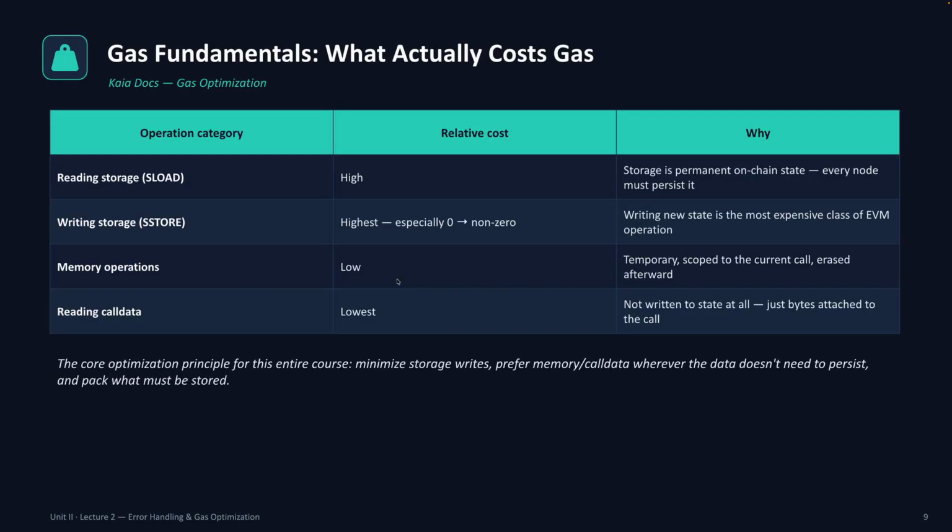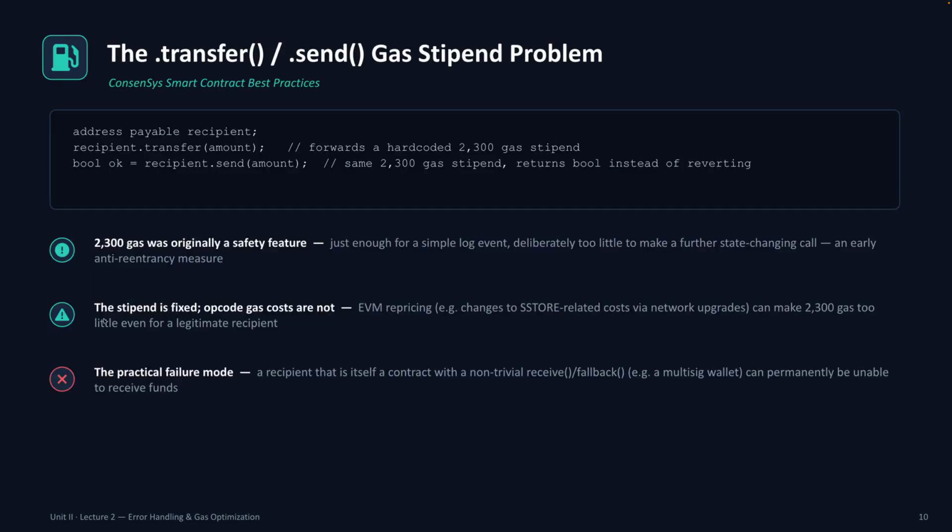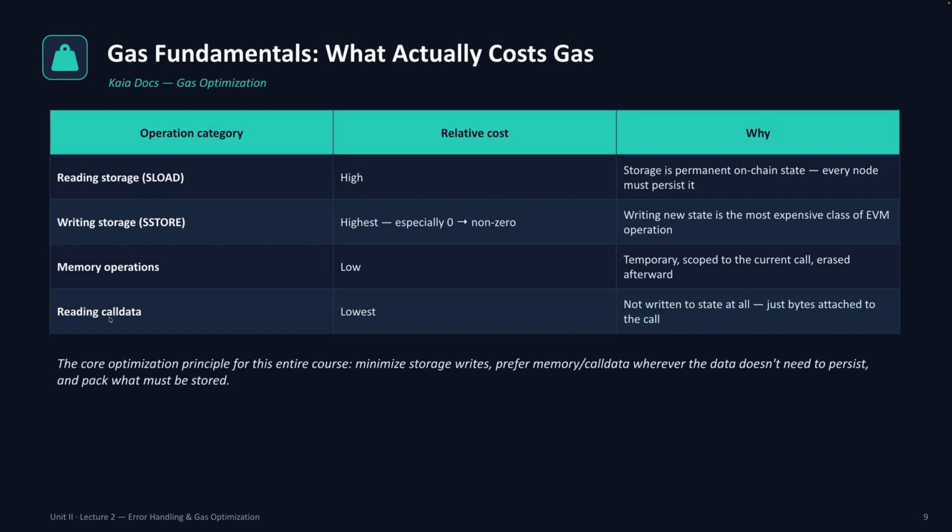Then at last we have call data. Its relative cost is the lowest and it is not written to state at all. It is just the bytes attached to the call. Also, it is recommended to use call data whenever you are passing function arguments via a function whose visibility is external.